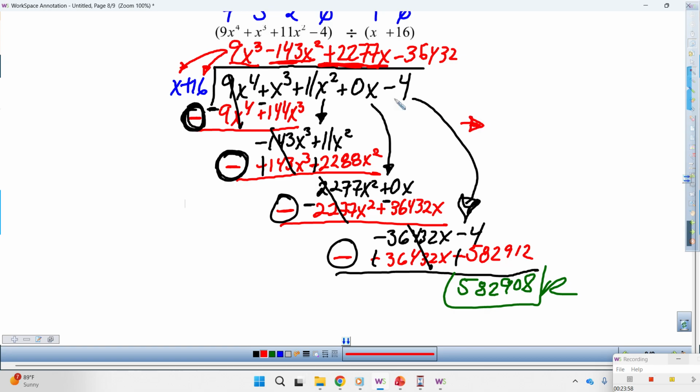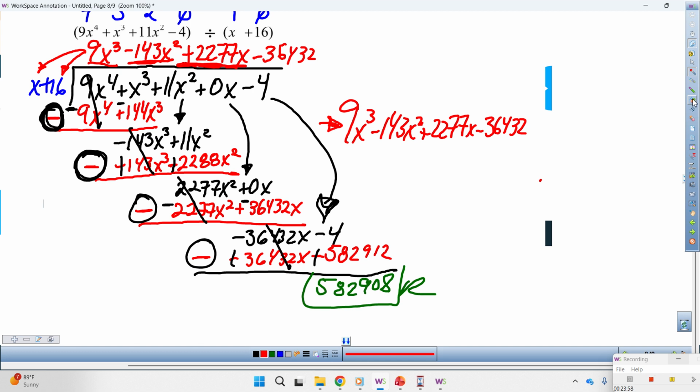So, what is our answer for this division? 9x cubed minus 143x squared plus 2277x minus 36,432. Am I done? No, what do I need to write at the end?